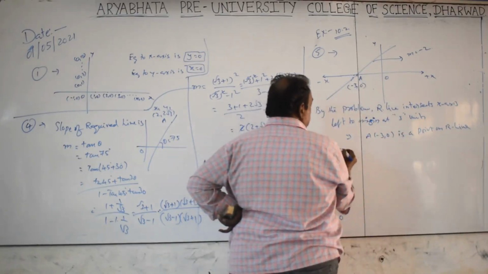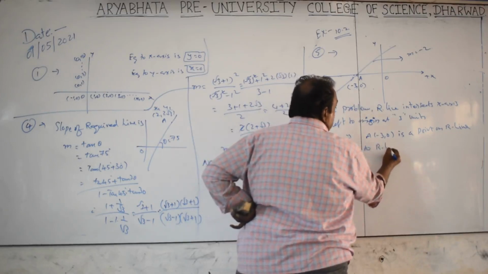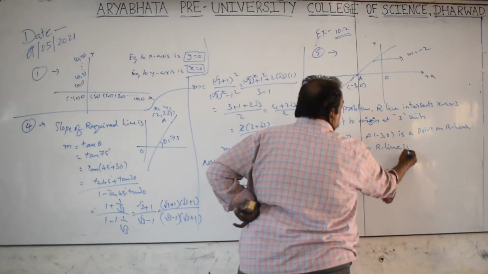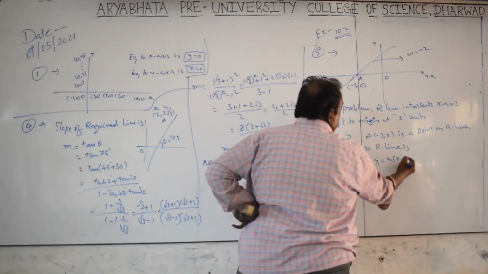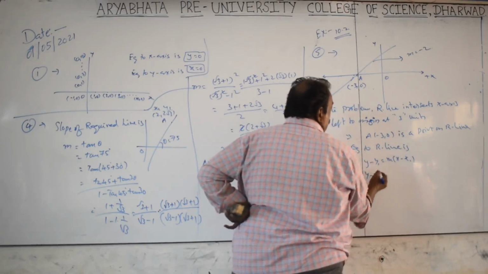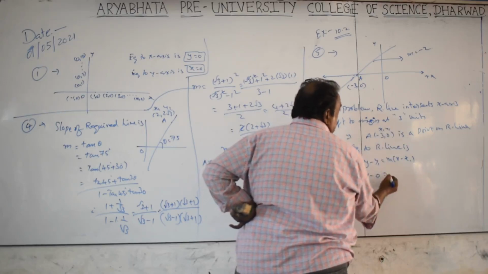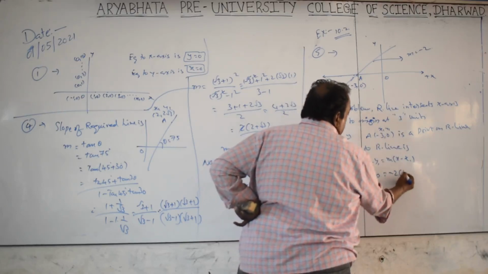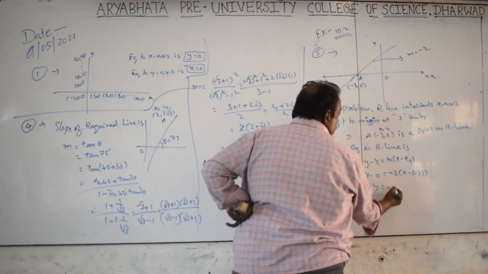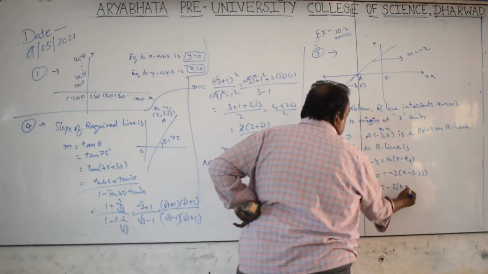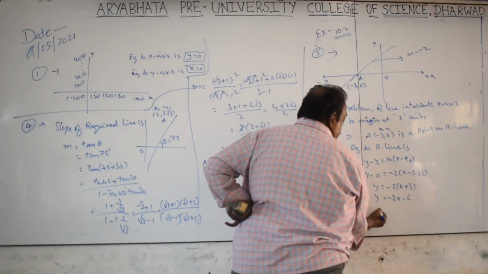Now, equation of the required line is y minus y1 is equal to m of x minus x1. Y minus 0, with x1, y1 given, and m is already given, minus 2 of x minus of minus 3. So y is equal to minus 2 of x plus 3, which is minus 2x minus 6.